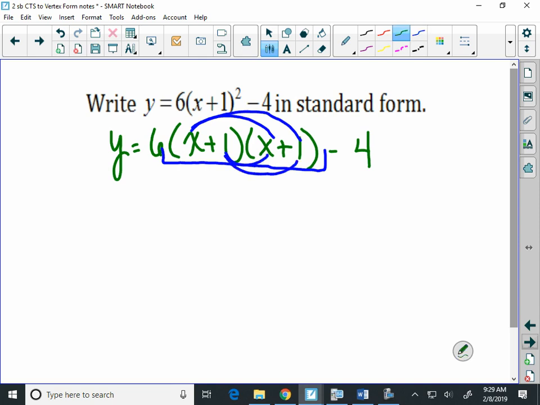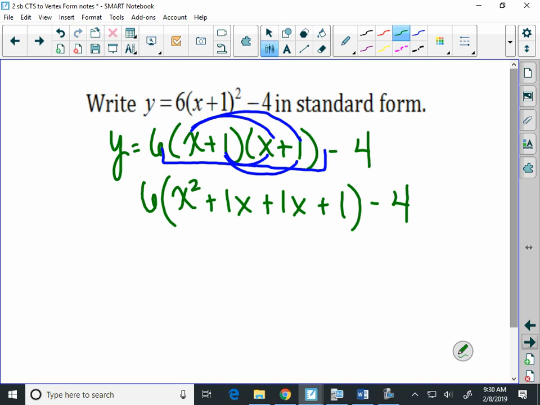We still have our 6 over here, but now we're going to FOIL. X times x is x squared. X times 1 is 1x. 1 times x is 1x. And 1 times 1 is 1. Minus 4. Double distributive or FOIL, whichever way you look at it.